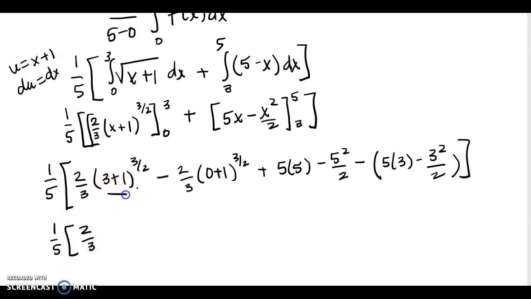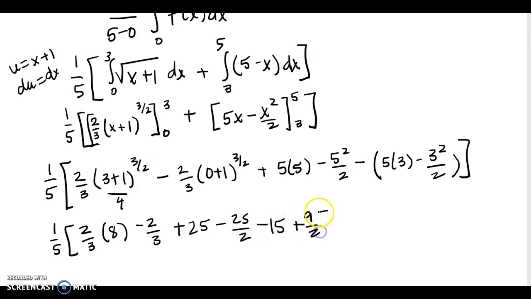So this is 4 to the 3/2, which means I take the square root, which is 2, and cube it. So that's 2/3 of 8. 1 to the 3/2 is just 1, so this is minus 2/3, plus 25, minus 25/2, minus 15, plus 9/2. And so when we're going to simplify this, let's do like terms together.